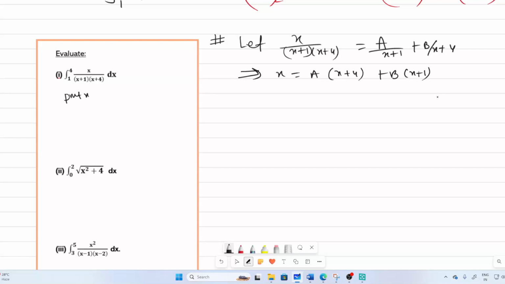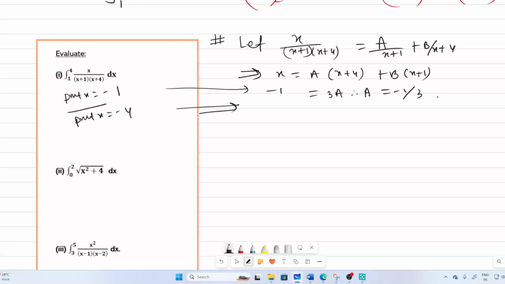Put x equal to minus 1 and then put x equal to minus 4. For minus 1, what do you get? Minus 1 equal to 3a. So a will be minus 1/3, and for x equal to minus 4, you get minus 4 equal to b into minus 3. Therefore b equal to 4 by 3.